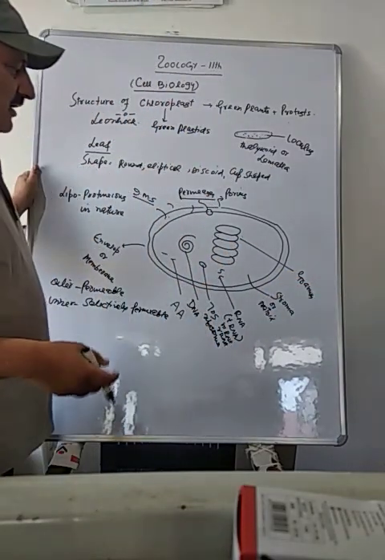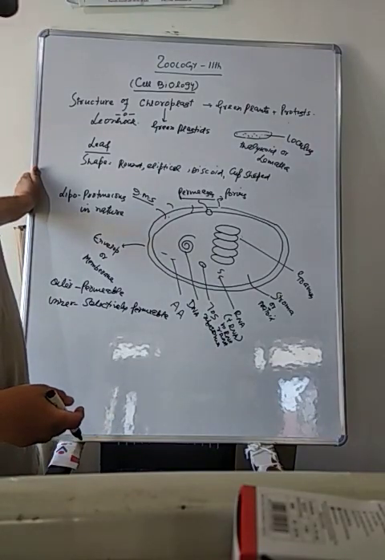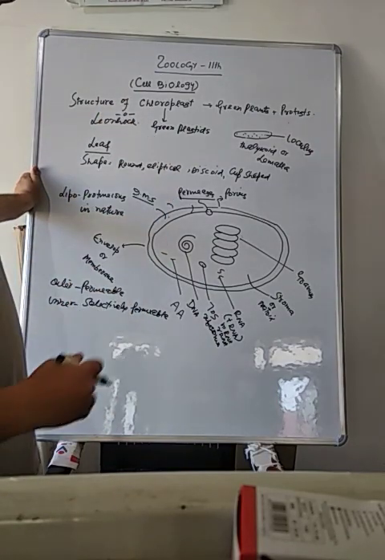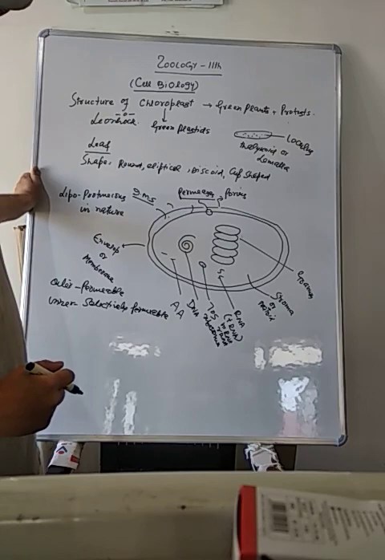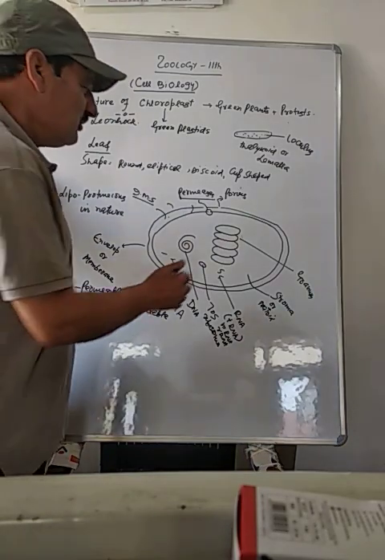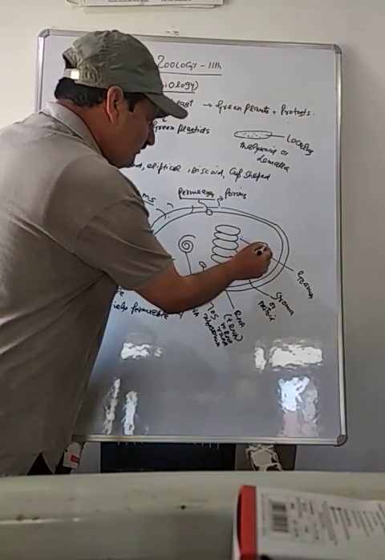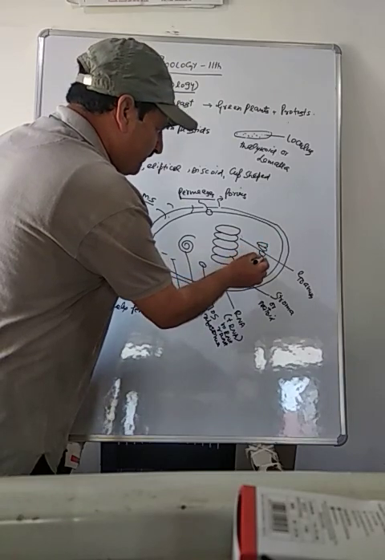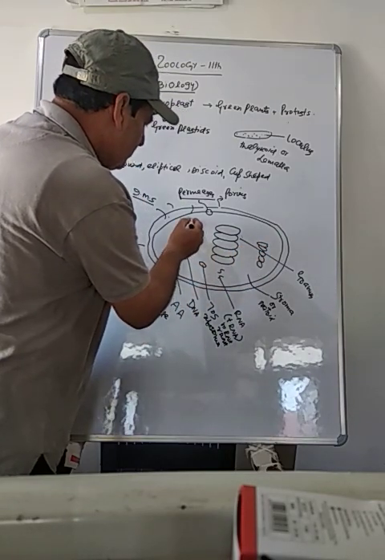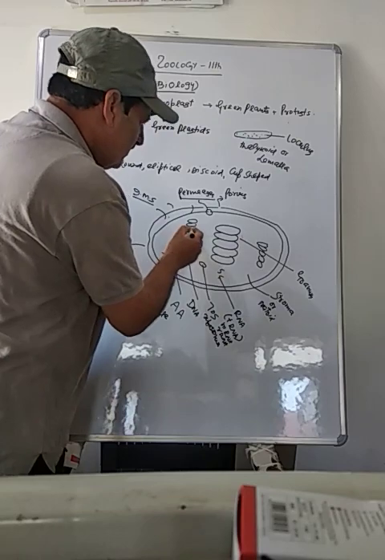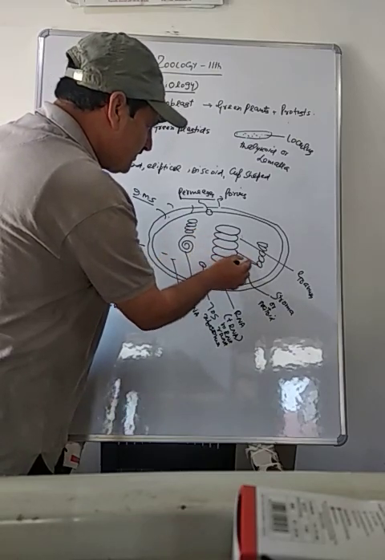A granum may contain about 60 to 100 of these thylakoids in heaps. You will see numerous grana here, and these grana are interconnected.